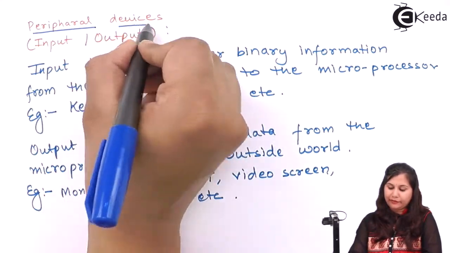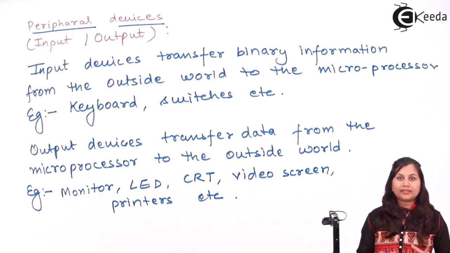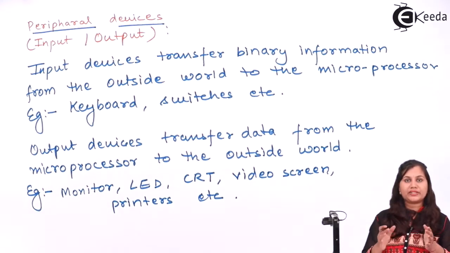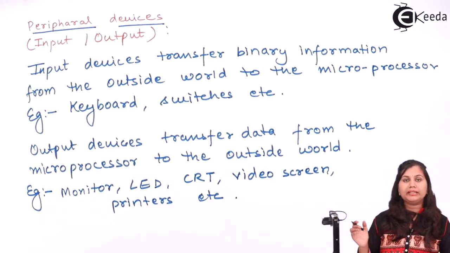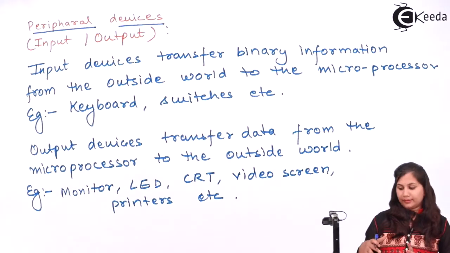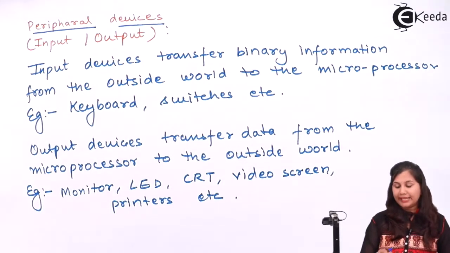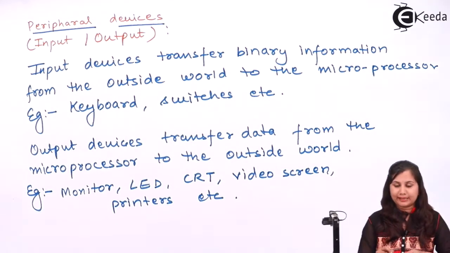Now we have studied the various components like ALU, register array, control unit, memory and peripheral devices, and the communication link between these components, that is how the data is going to flow from one component to the other component, is provided by the bus.